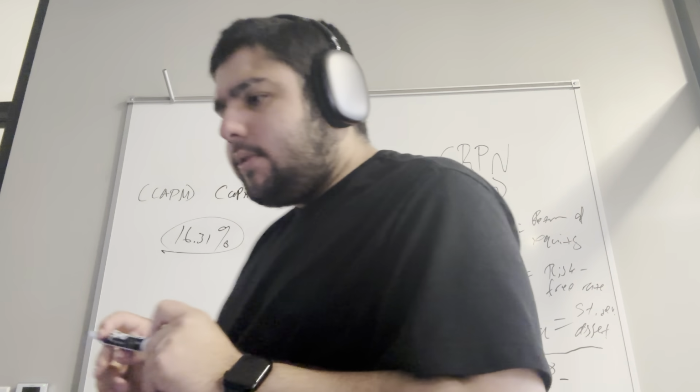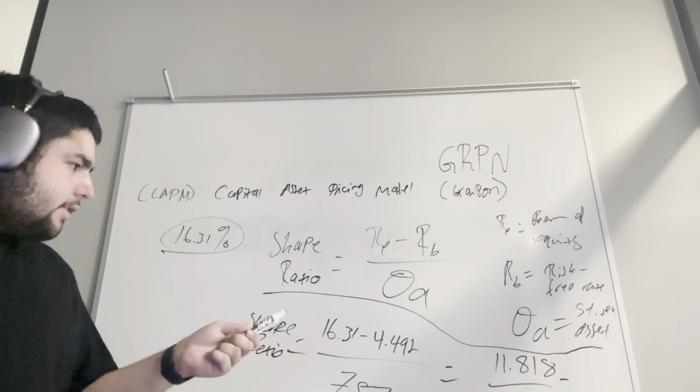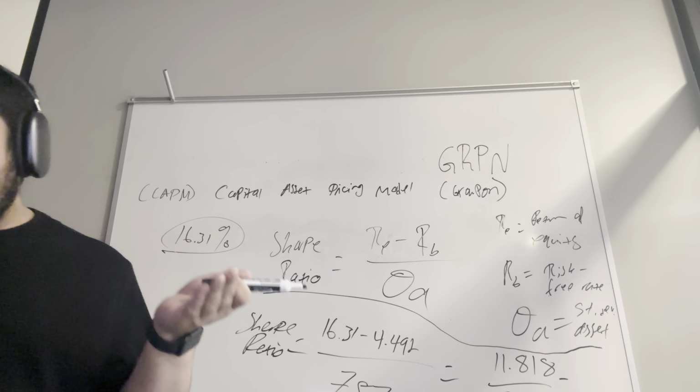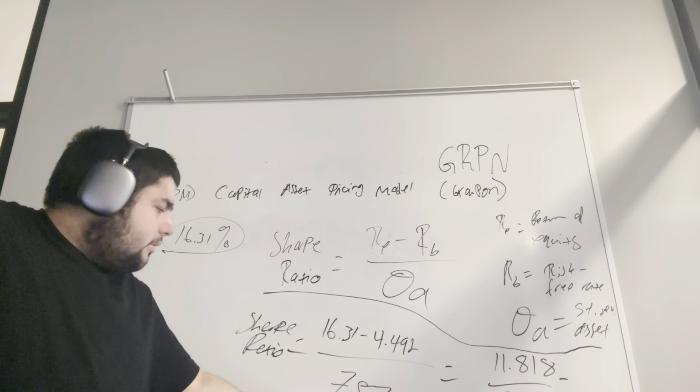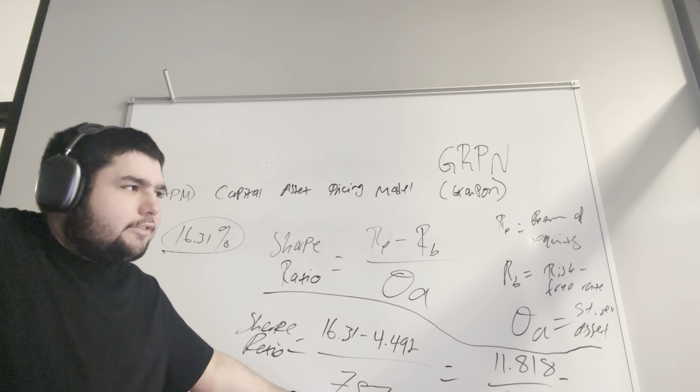We could do 11.82, but we're not rounding with the risk-free rate. This is just a flat 7.57.